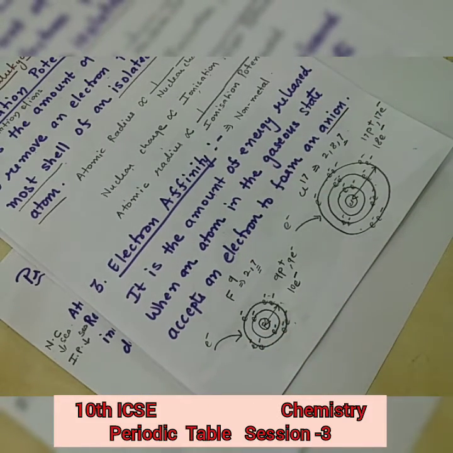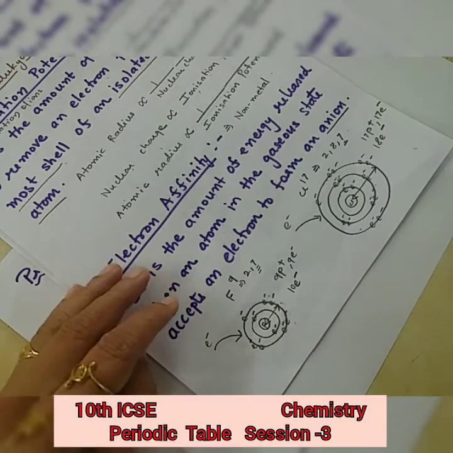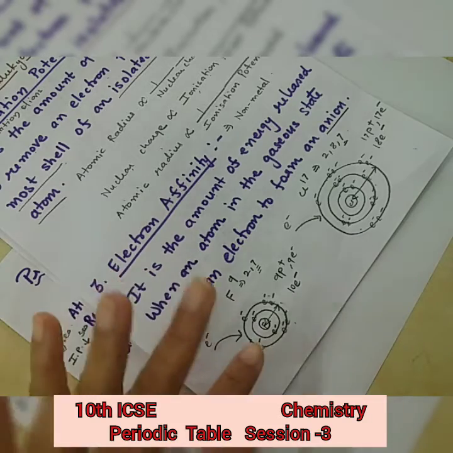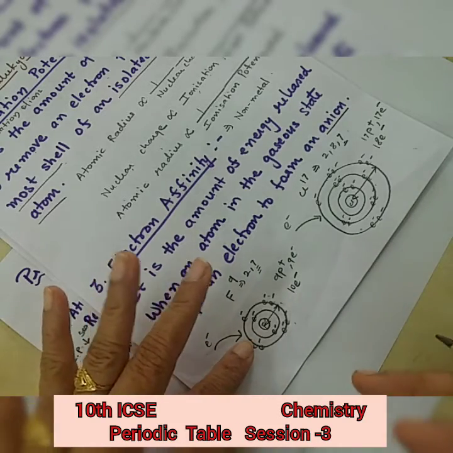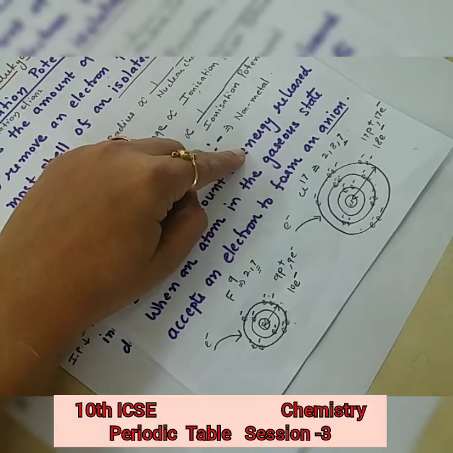So what will happen? The atom needs what? Energy, and the atom will get unstable. So definitely to remove the instability or to lower the instability, the atom will lose the energy, will release the energy, and that energy is nothing but what? Electron affinity. Greater the electron repulsion, greater will be the energy released.